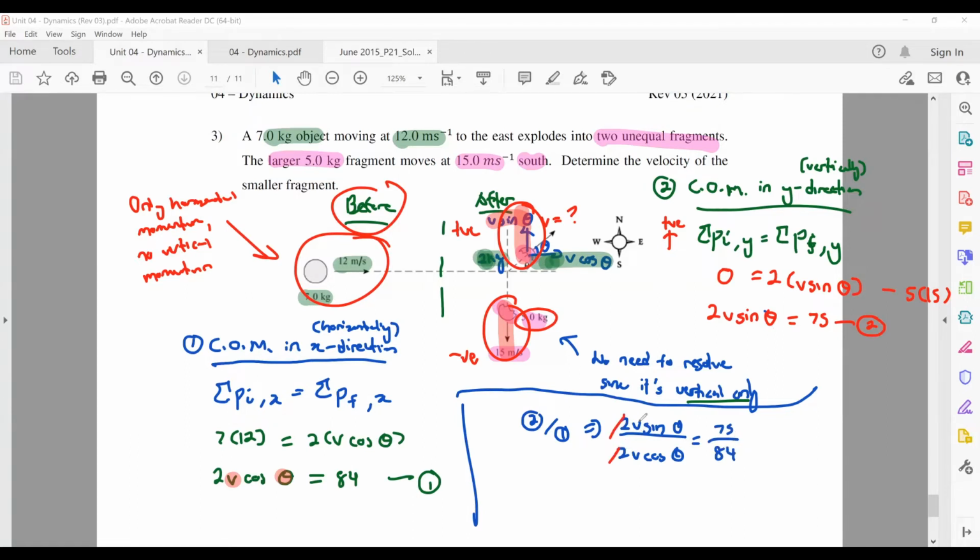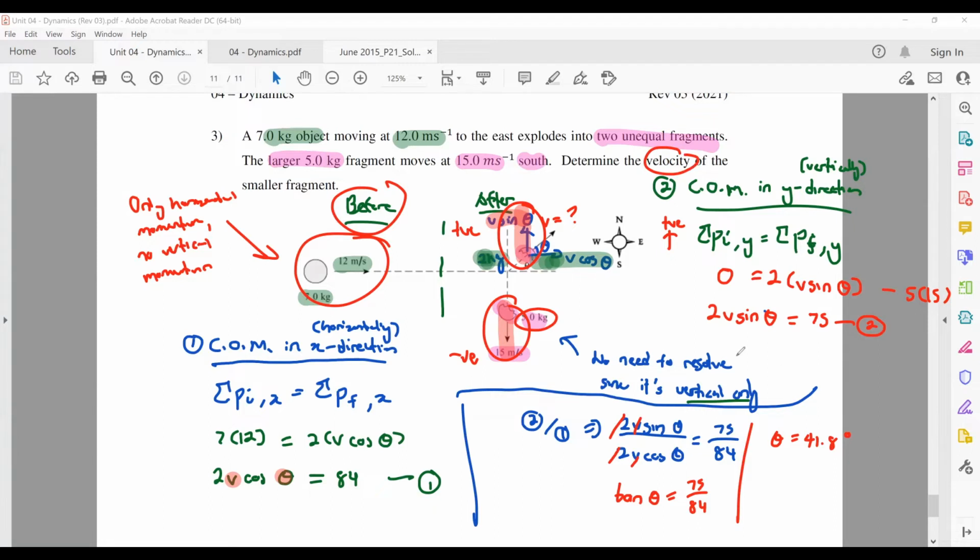The 2 will cancel off, the v will cancel off. Eventually, I get tangent theta equals 75 over 84. Taking the arctangent of that, I get theta equals 41.8 degrees.